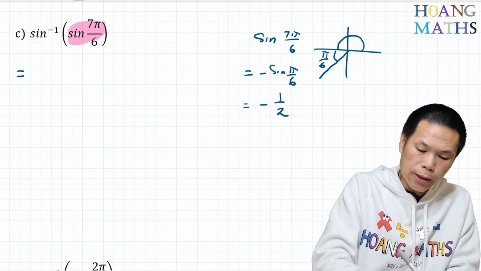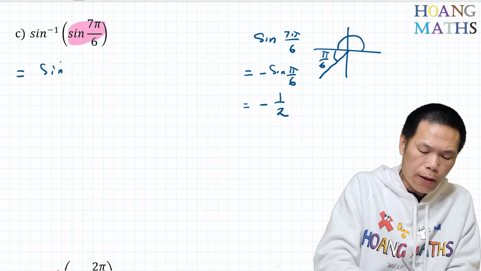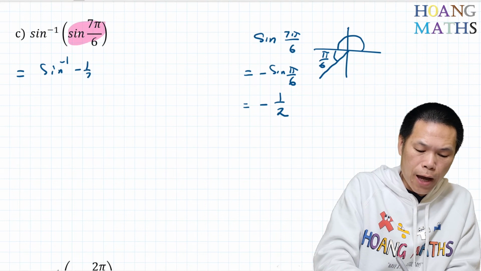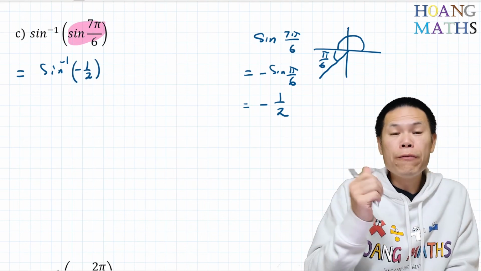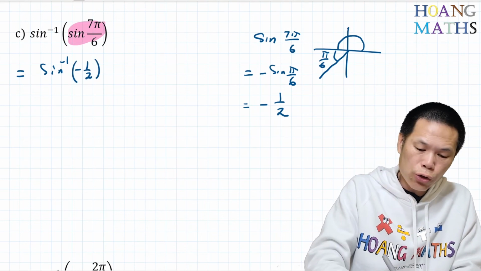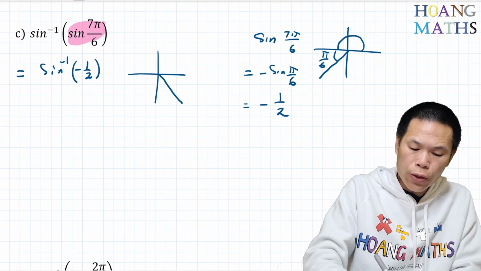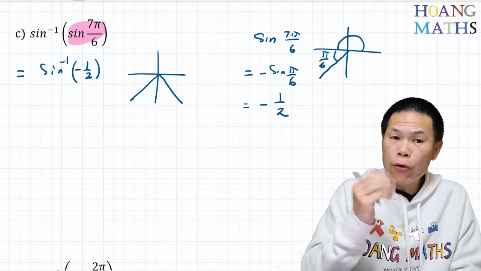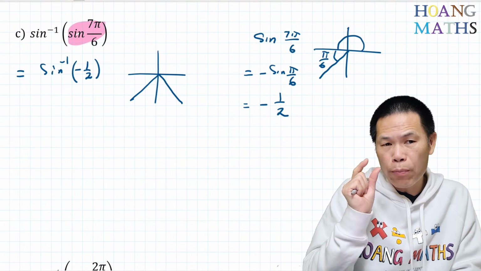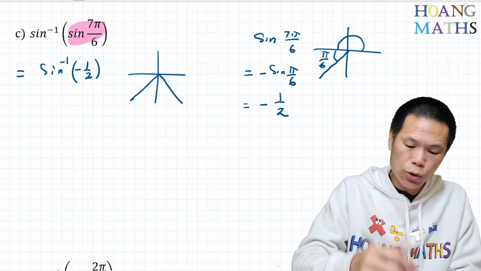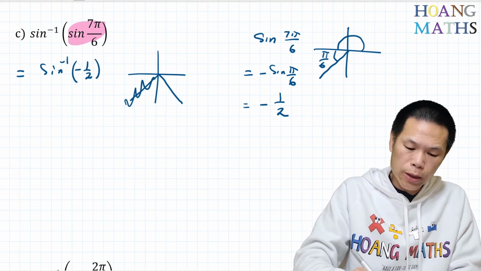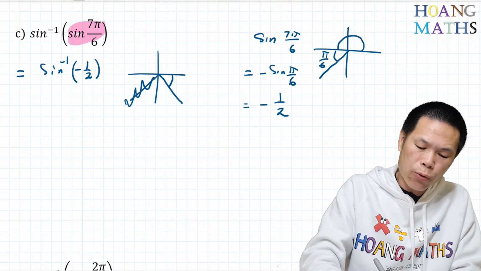So this is equal to sine inverse of negative a half. For inverse sine negative, it should be in the fourth and the third quadrant. But for inverse sine, the range is from negative pi over 2 to pi over 2, so we can ignore the third one. So this is the angle we're after.